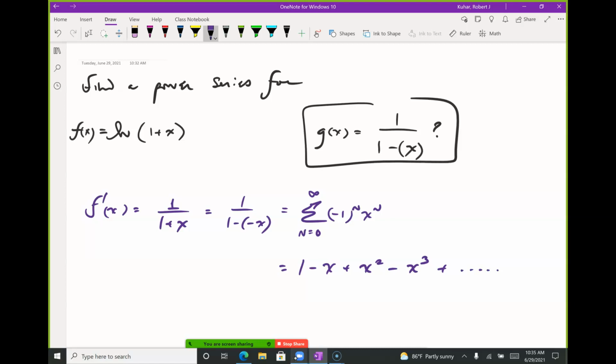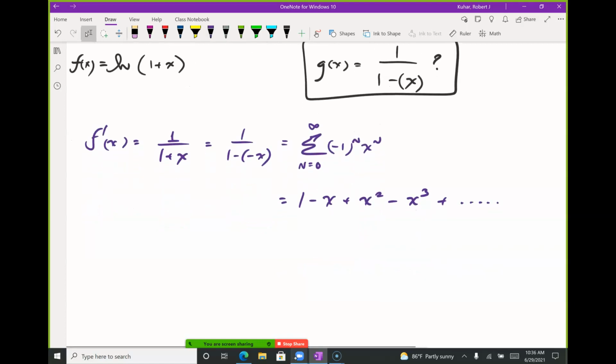So in these problems, you're going to be thinking about differentiating once, twice, 3 times, and then going backward, so integrating. Or integrating once or twice and then going backward and then differentiating. So in this one, I differentiated to get to a power series lookalike. And now I have to integrate to get back to what I started with.